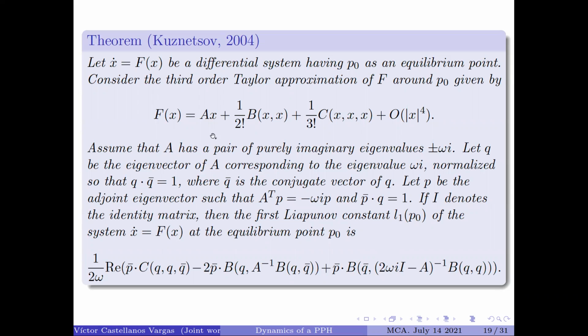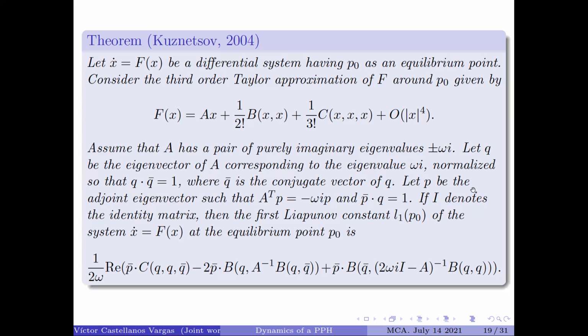Assume that A, that is the linear part, has a pair of pure imaginary eigenvalues, plus minus omega i. Let Q be an eigenvector of A corresponding to the eigenvalue omega i. Normalize it so that Q dot Q bar equals 1, where Q bar here is the conjugate vector of Q.